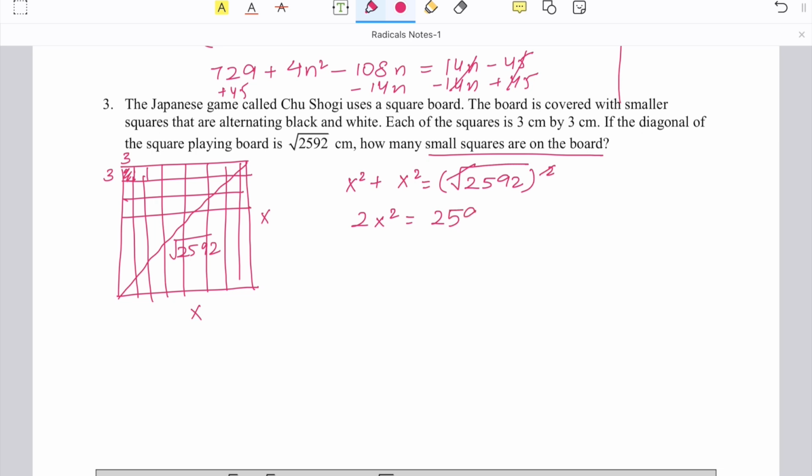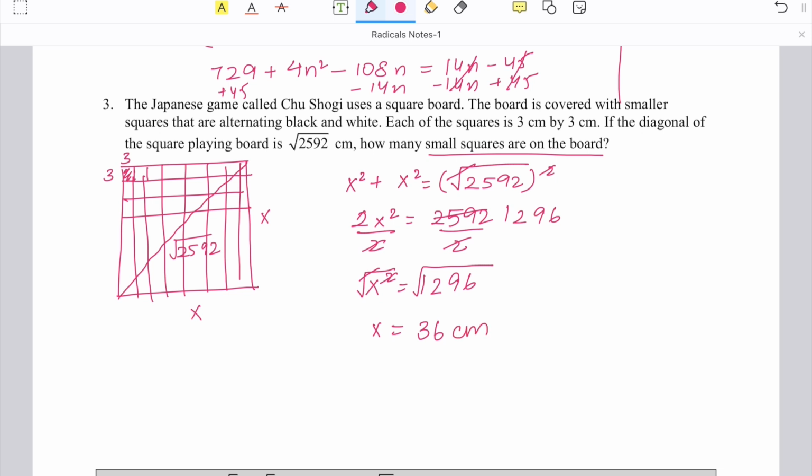2592. Divide by 2 on both sides. You get 1296. x squared is equal to 1296. Square root both sides and you'll get x is equal to the square root of this. Oh sorry, it's 1296, not 1400. The square root of that is 36. So x, our side, is 36 centimeters.